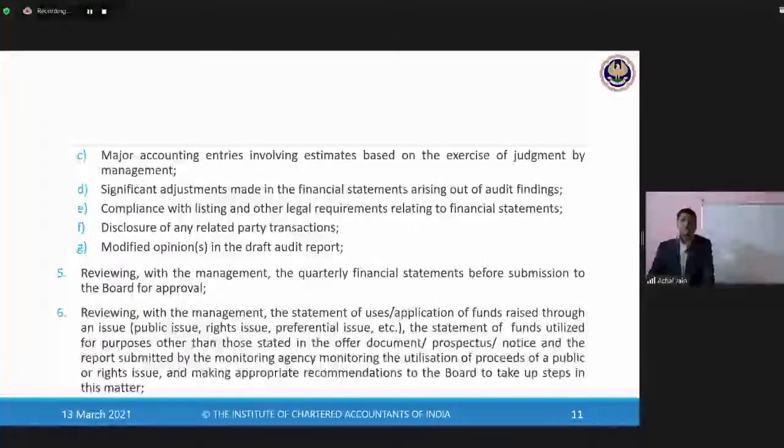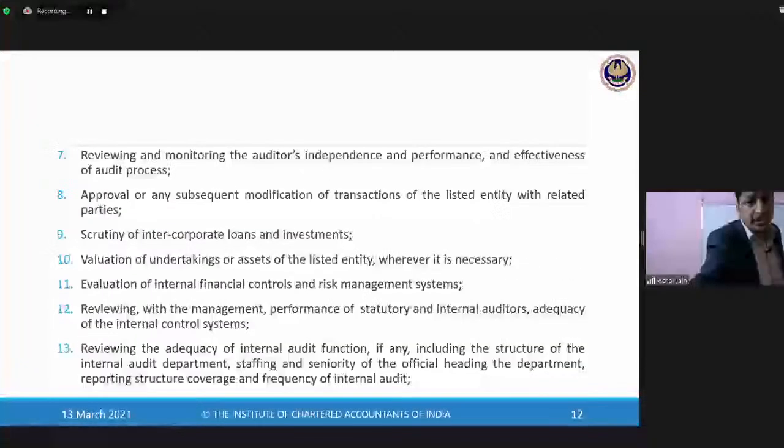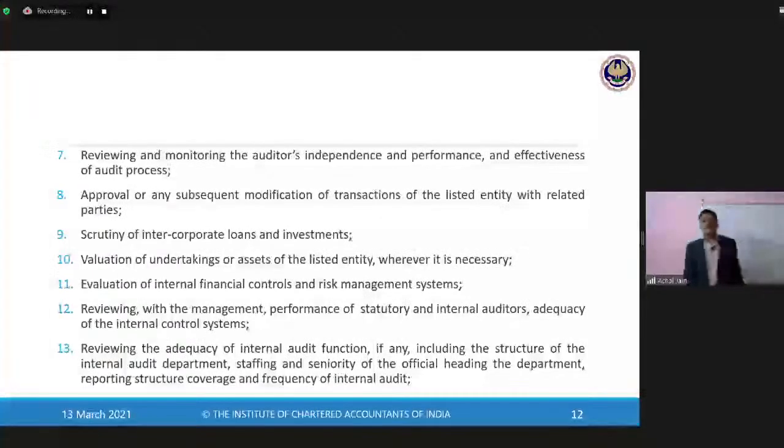Reviewing with the management the quarterly financial statements. So it's about the financial reporting process. Now for listed companies, it will definitely be a quarterly process to be ensured. Reviewing with the management the statement of uses and application of funds. Reviewing and monitoring the auditor's independence, because it's the audit committee which is responsible for their appointment. So in terms of the independence of the auditor, it's again the audit committee. Approval or any subsequent modification of transactions of the listed entity with the related parties.